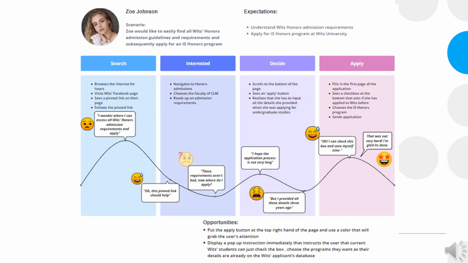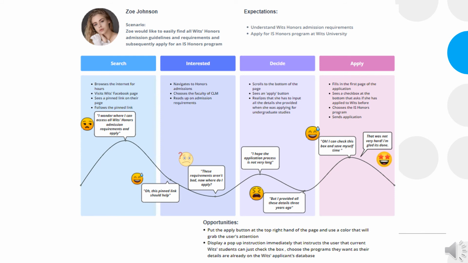For example, you'd want to put the apply button at the top right hand of the page and use a color that would grab the user's attention, so they won't have to ask themselves where the apply button is. And you would also want to display some sort of a pop-up instruction immediately that instructs the user that current VET students can just check the box at the bottom, choose the program they want, as their details are already on the VET's applicants database.